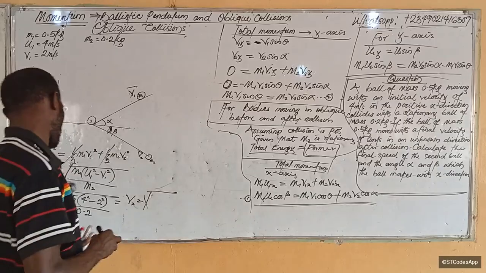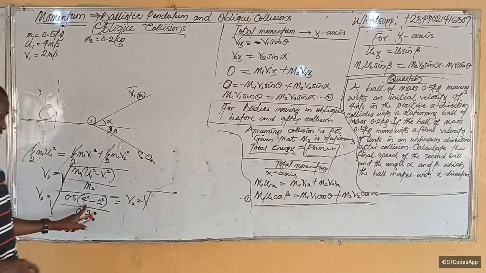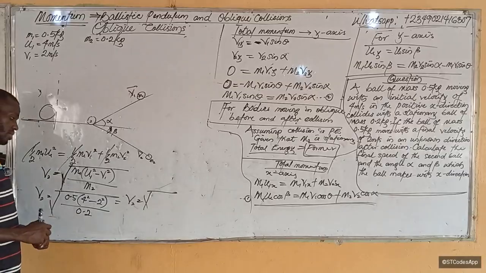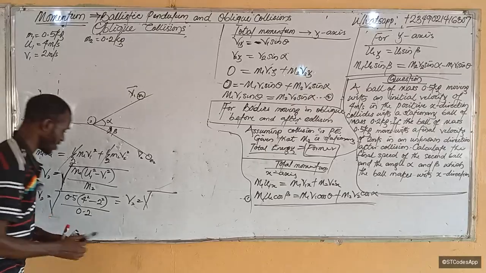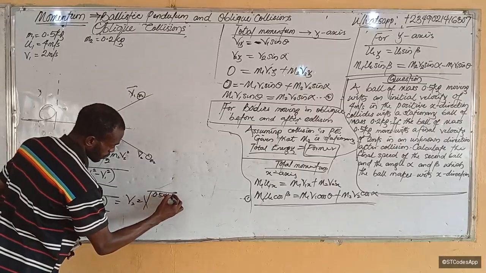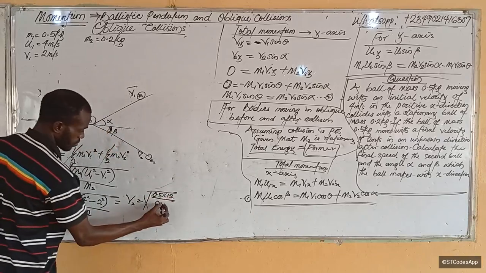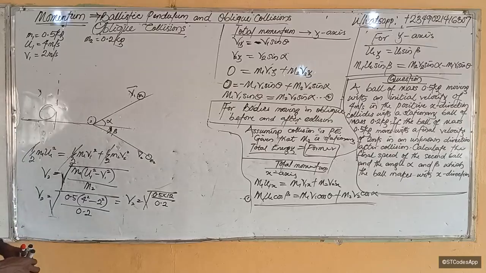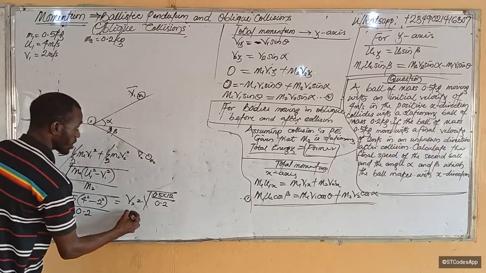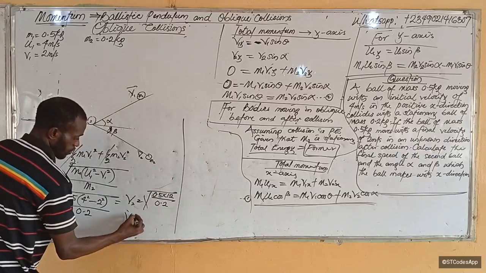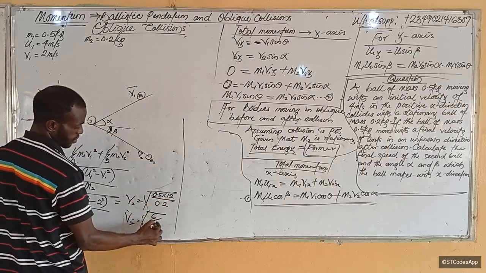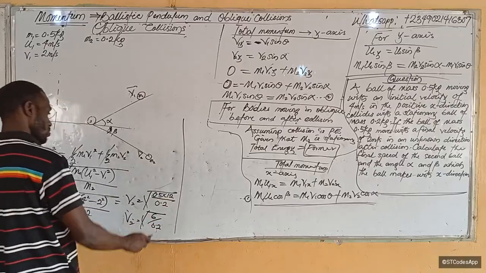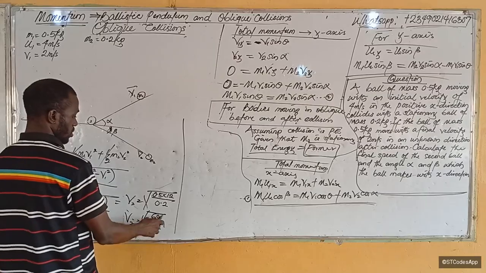So this becomes v2 equals the square root of 0.5 times, 4 squared minus 2 squared is 16 minus 4, 12. So that's 0.5 times 12 over 0.2. So v2 therefore becomes the square root of half of 12, 6, over 0.2. By the time you bring this guy here, 60, that's 30.